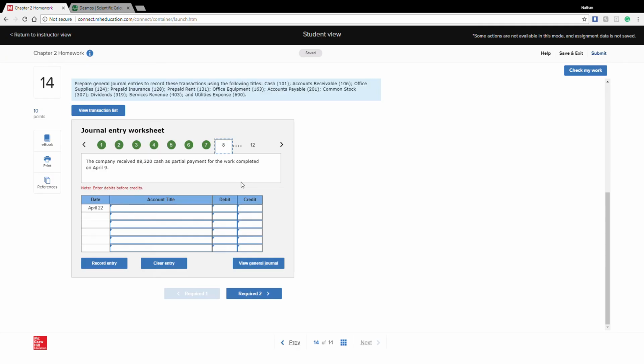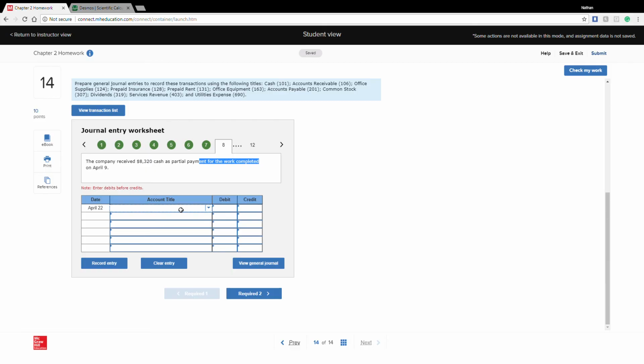Alright, 8. The company receives $8,320 cash as partial payment for the work completed on April 9th. Since we're receiving cash for work completed and it was a bill, we can go back to that one and actually see it. Since it's a bill and they paid on it, we know our accounts receivable with that client, they owe us less money now.